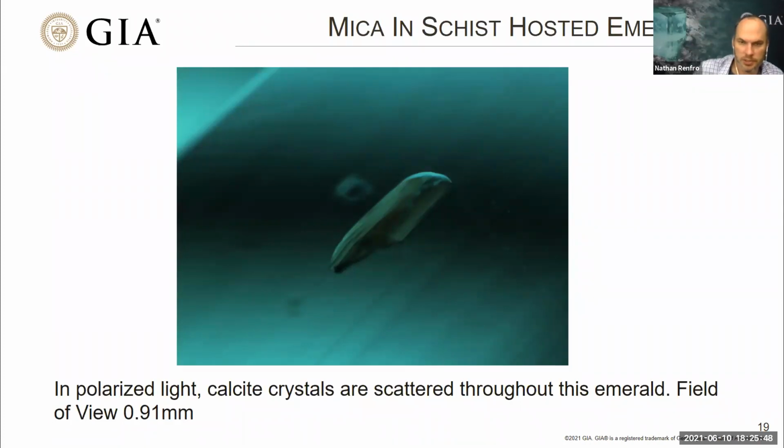Another type is the schist-hosted deposits, where you get inclusions that represent the growth environment, which is in strong contrast to the hydrothermal material. We tend to see things like these mica crystals. This is a biotite mica, and that's what we would expect to see because of the emeralds growing in a biotite schist.